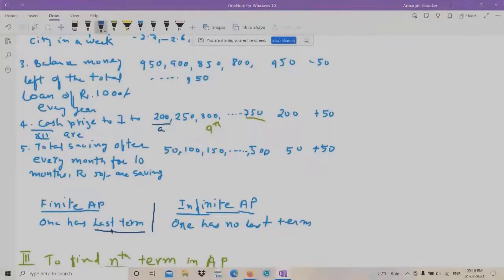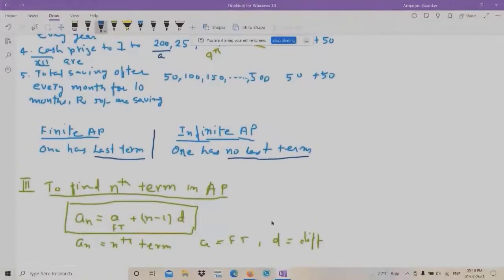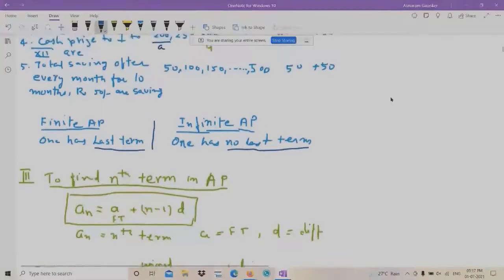If one doesn't have a last term, that is called infinite. So no last term, that is called an infinite arithmetic progression. And next we will go for one single formula. In the next part, we will discuss one very simple formula.